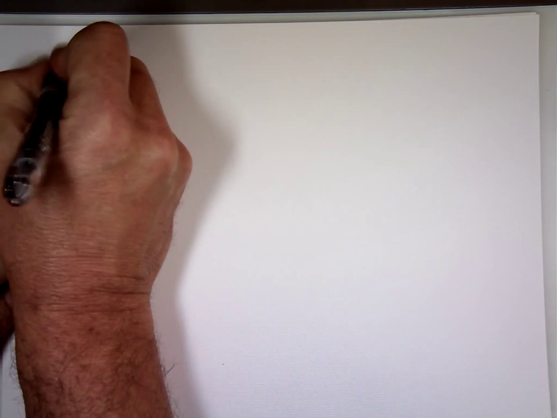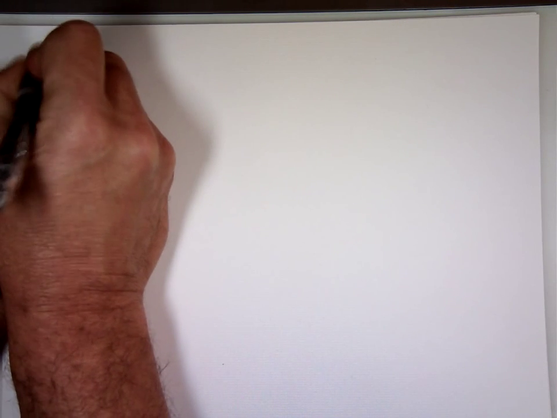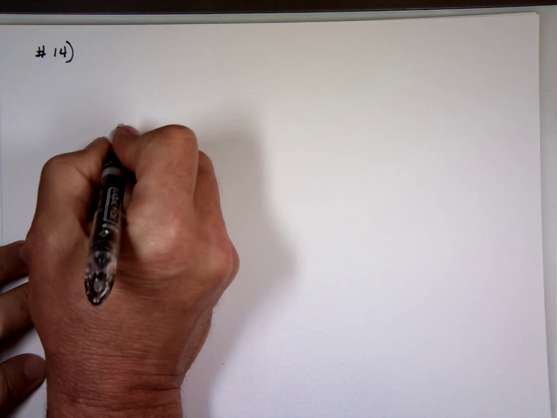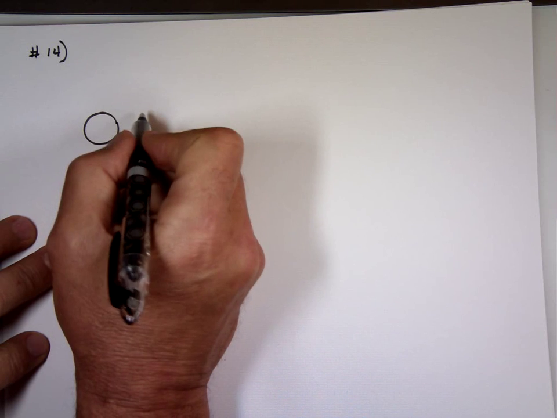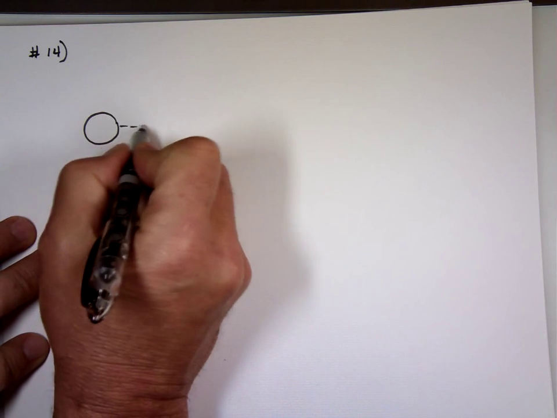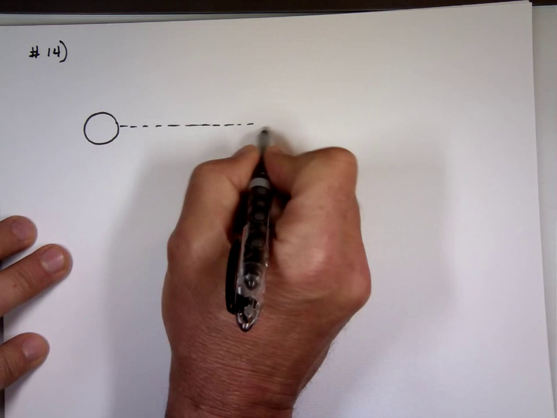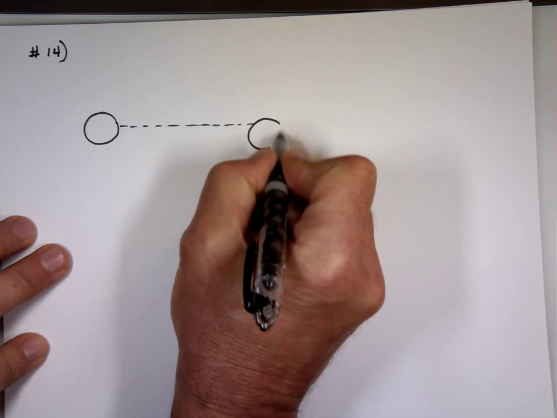Number 14, it's a tough one. This is the cue. You're playing pool, you shoot the cue here, and you hit the number 9 ball on the side.